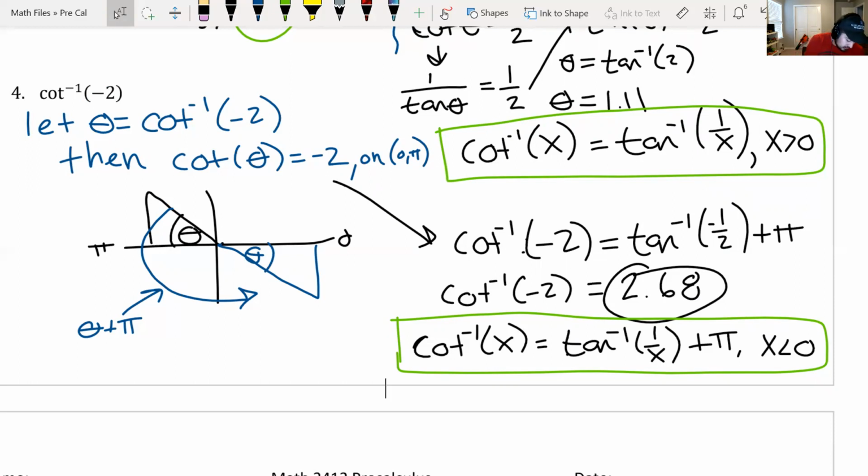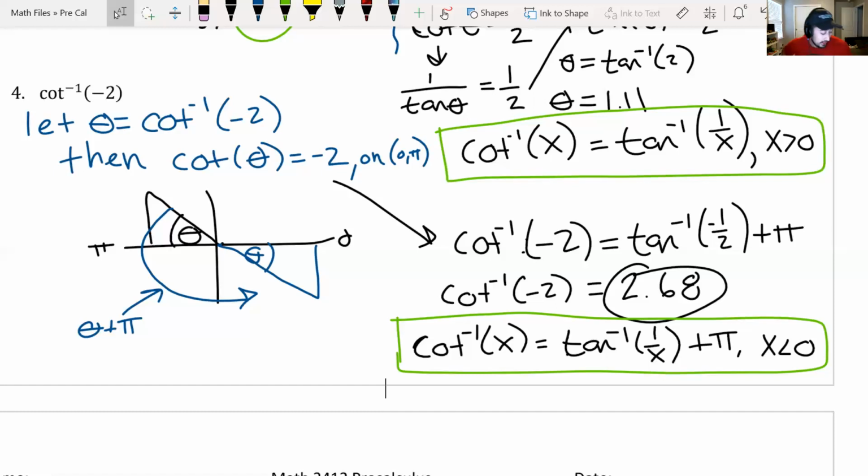Let me see something. Inverse cosine of -2 over, let's see, that'd be -2, that'd be 1, so it'd be square root of 5. Just double checking my work. 2.68.